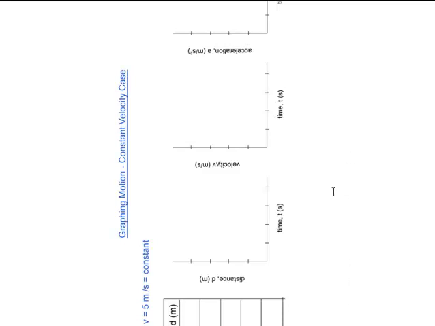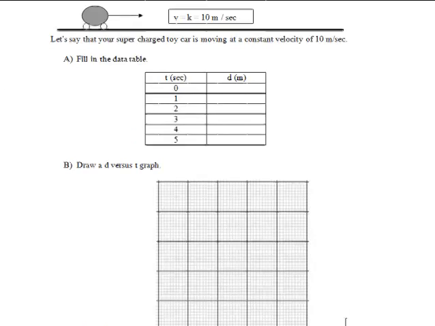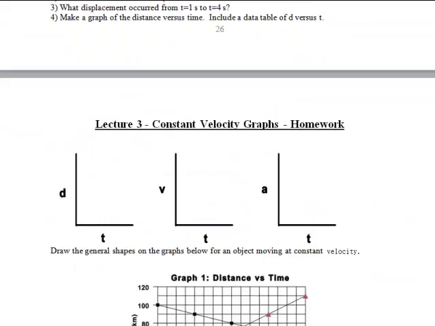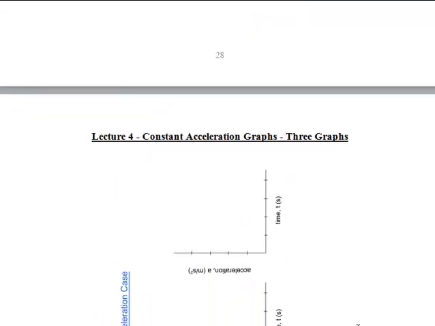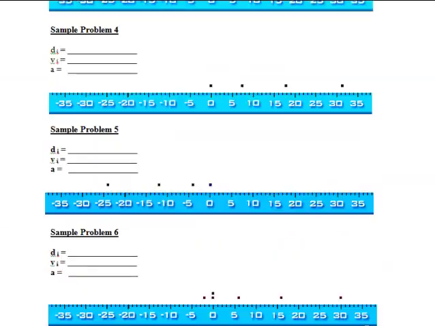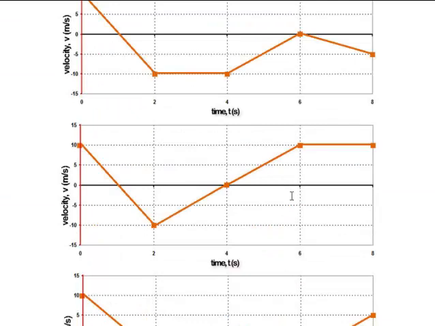This is a place for students to be able to take data from a presentation. More homework. You can see a lot of graphing materials, obviously. So you can see there's really tons of material here for use with your classes. And again, a number of these are used with the software that is included.